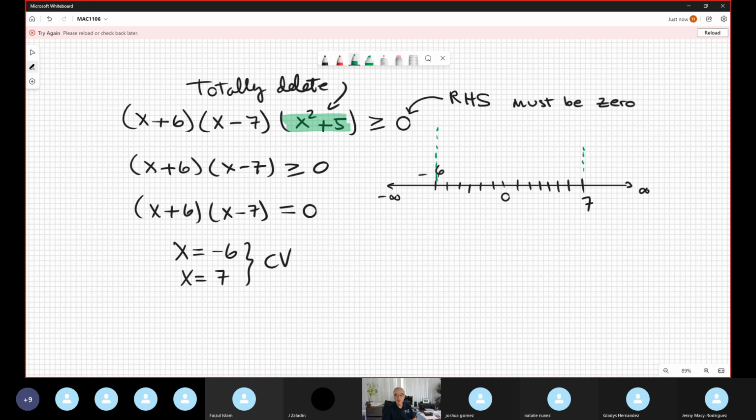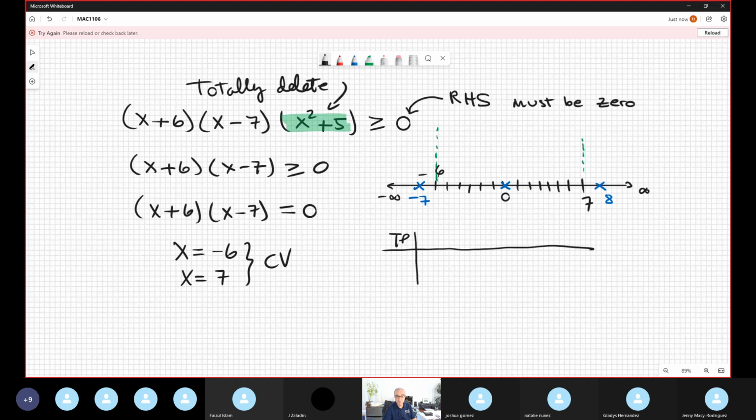And at 7, we have a partition. Cool. I pick totally arbitrary testing points. Suppose minus 7 is good. 0 is super good. I like 0 because it's easy. And 8 is super good. And we create the table if you want, or plug it in directly.